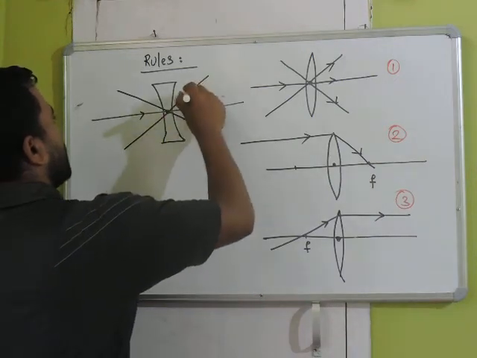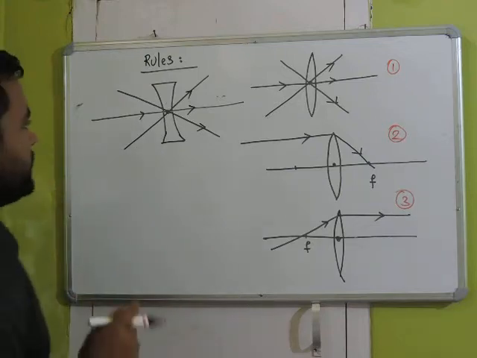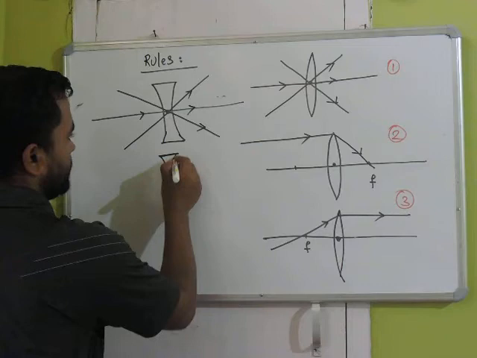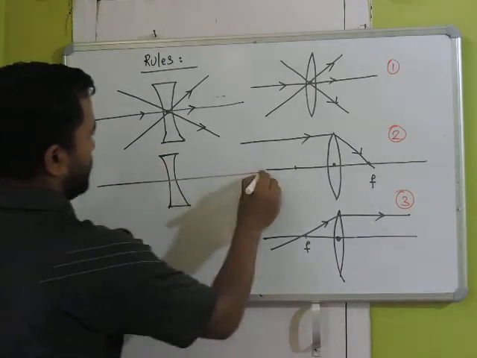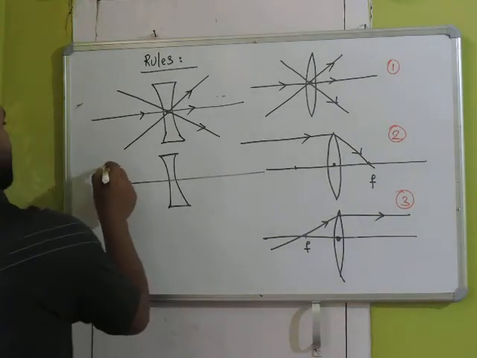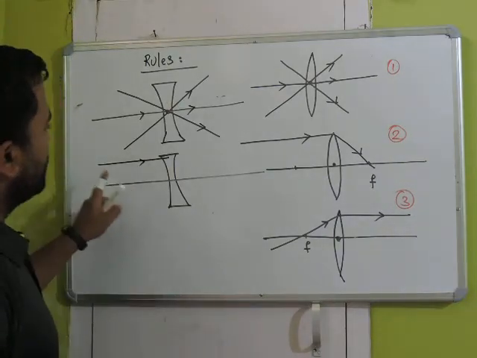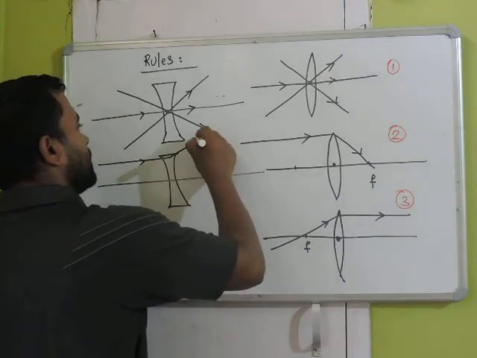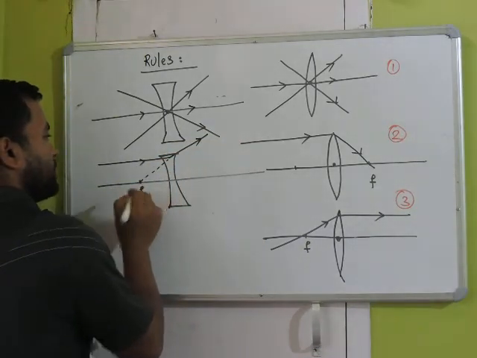This is the first rule. Then the second rule is, if the ray is parallel to the principal axis, then after refraction it will appear to pass from this focus.